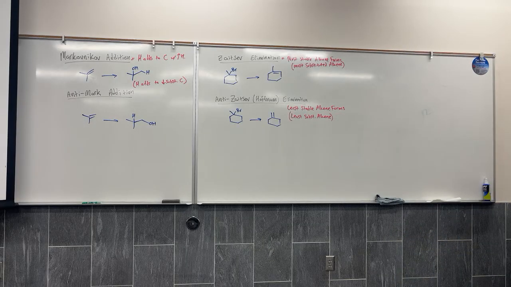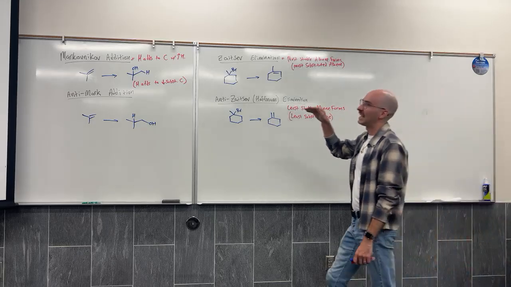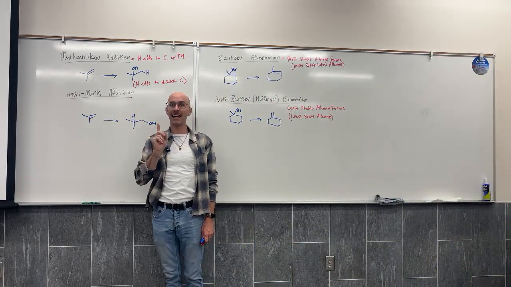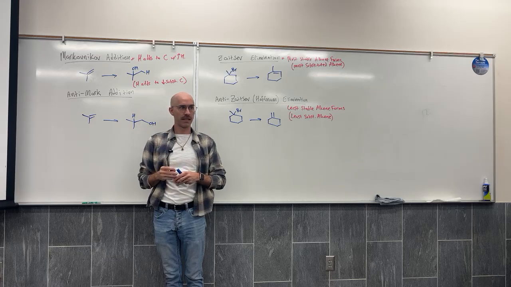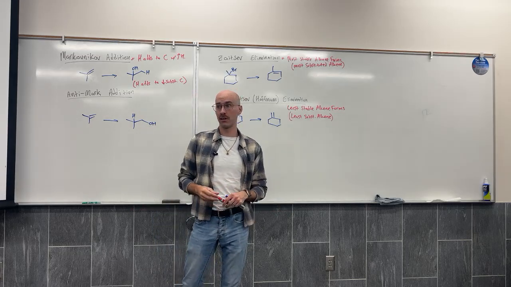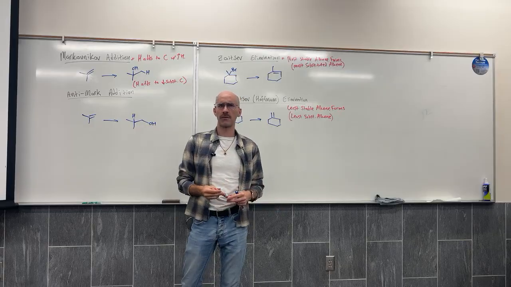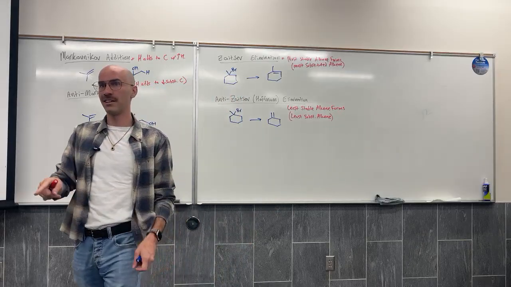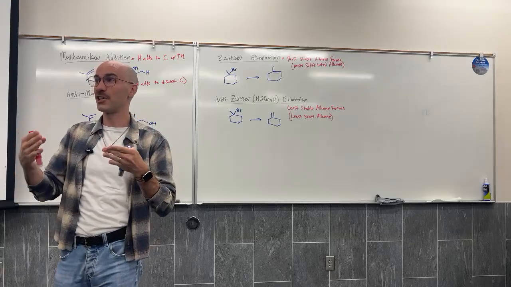Another downfall in Zaitsev's trend is that it only applies to addition reactions that add one hydrogen. And we've actually seen addition reactions that don't add hydrogens at all. And we've seen addition reactions that add multiple hydrogens. But in those reactions that don't add any hydrogen, there is still regiochemistry.